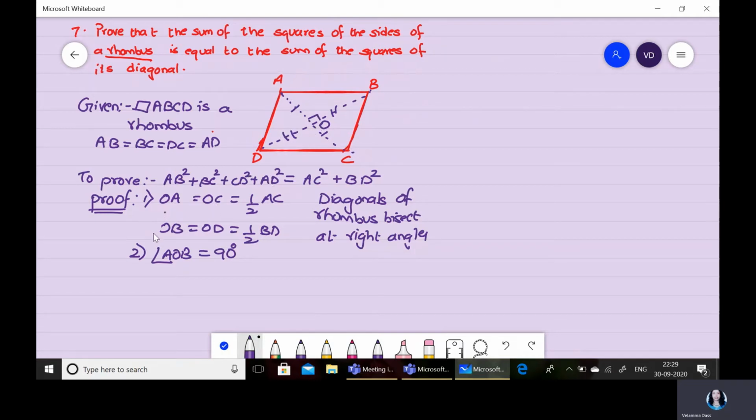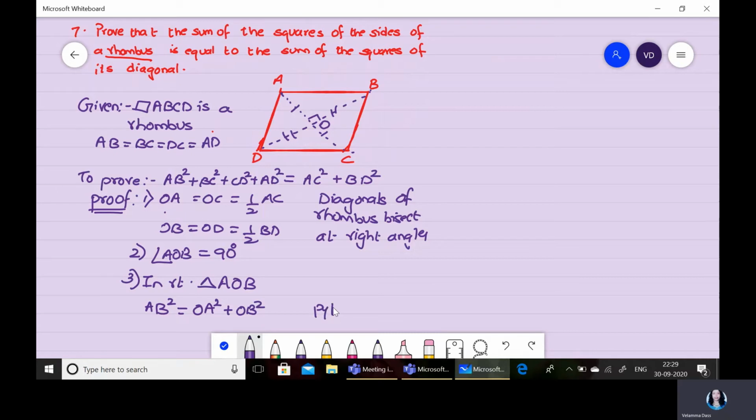So we have used the properties of a rhombus. Now we apply Pythagoras theorem in right angle triangle AOB, and we get AB square equals OA square plus OB square.